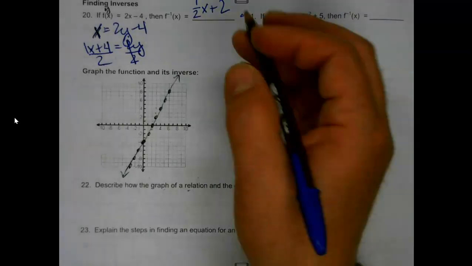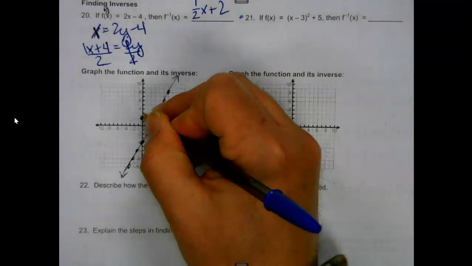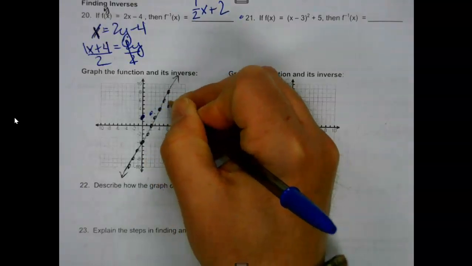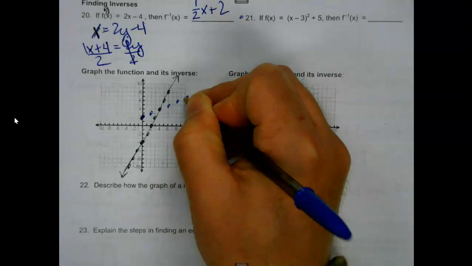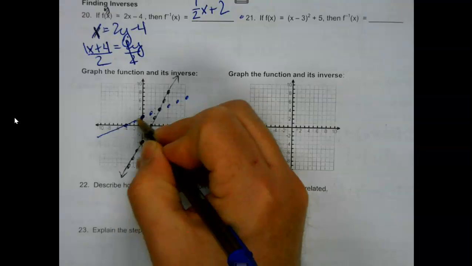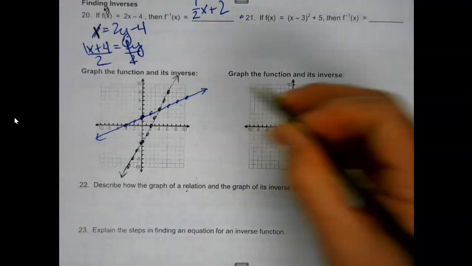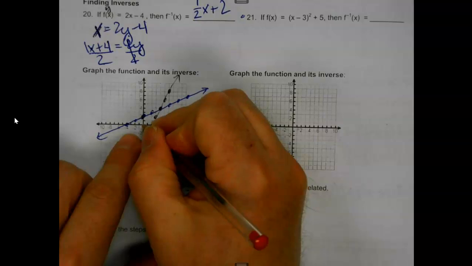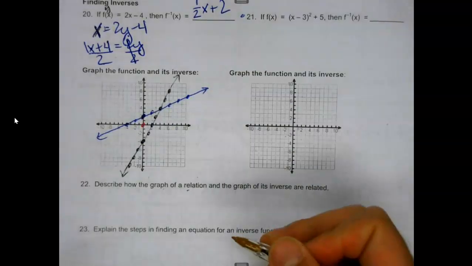And so when I get both of these graphed, going down the middle of them, okay? The line of reflection for functions and their inverse is the line y equals x, which just means when you're graphing that, your x and your y value are the same.